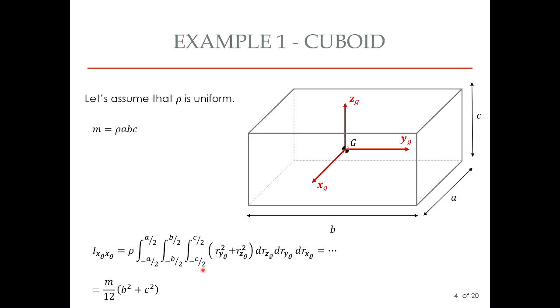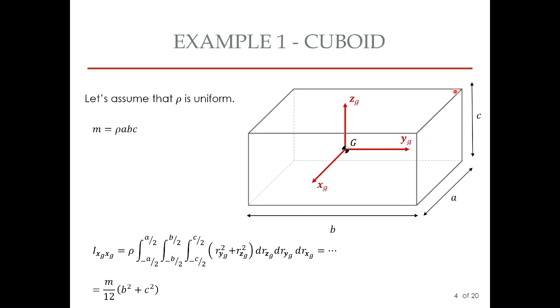You need to use your calculus understanding to pick a strategy how to integrate over the volume. I mentioned in the last lecture, be careful, all these limits go from negative c by 2 to positive c by 2.